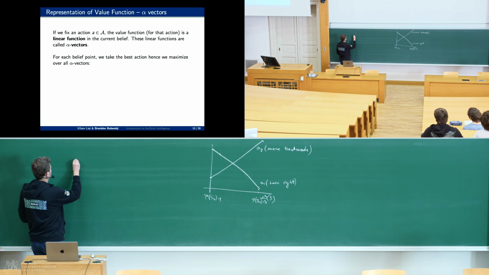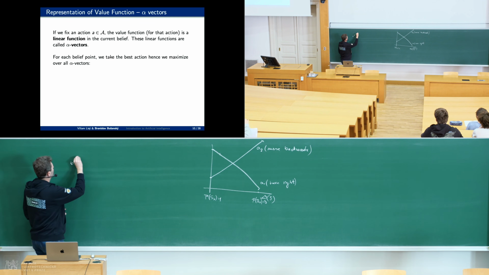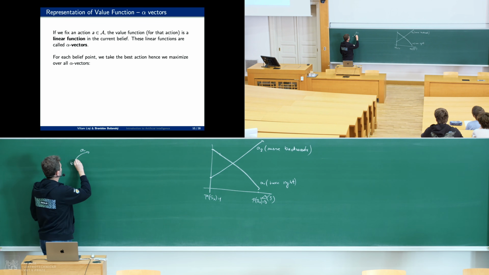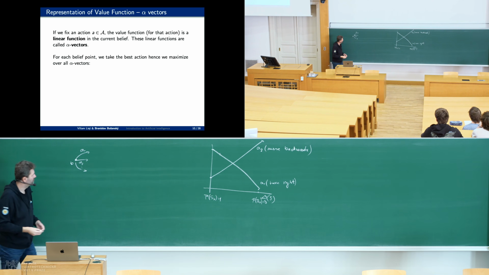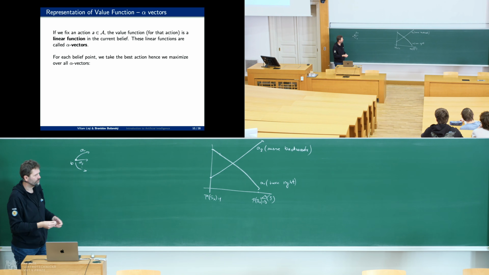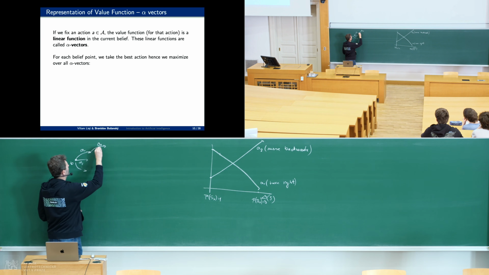Then, as I mentioned, we can have two-step policies where I'm in some belief point, I can choose some action A1, A2, and so on. I can have multiple actions to choose from, and after choosing every action, I will receive some observation.